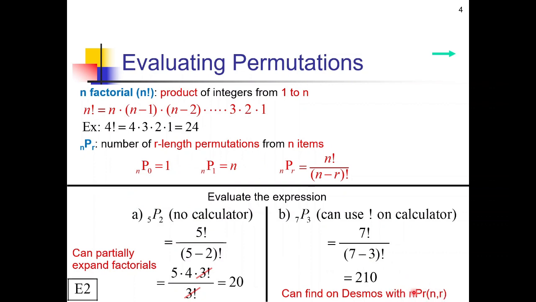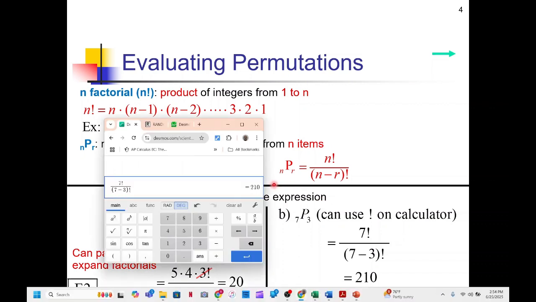You just type nPr, and I think you need the uppercase P, and then a parentheses, and then your n, comma, your r, close the parentheses. So for this one, let's go ahead and try it out. So nPr, parentheses, and then we have a 7 for n, comma, 3 for r, and it gives us 210 just like we got doing the other way.